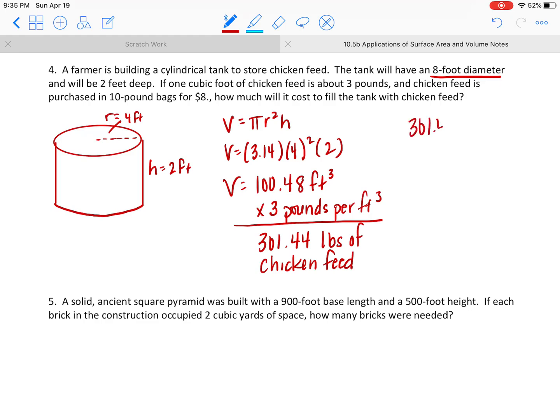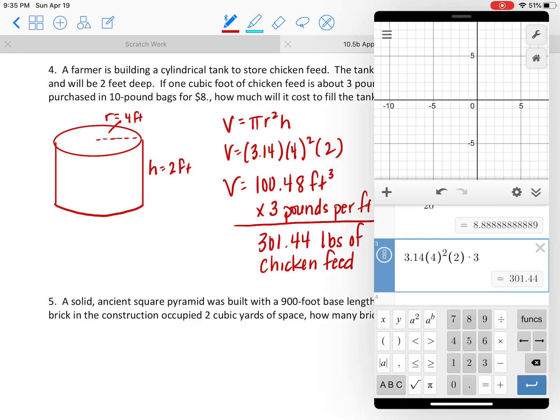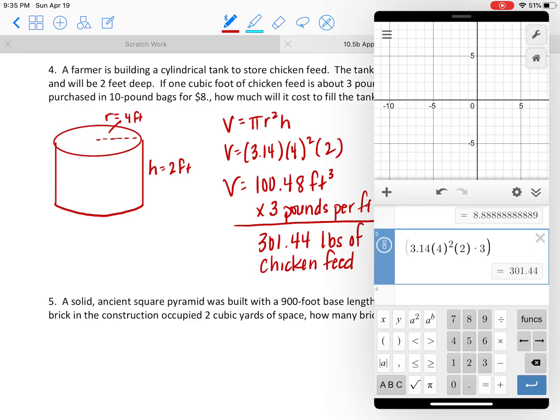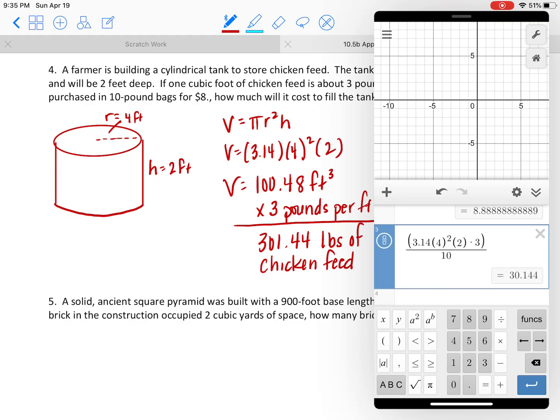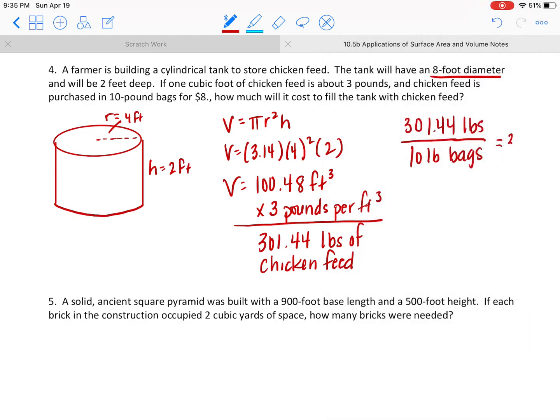Now, the chicken feed is sold in 10-pound bags, so how many are we going to be able to buy to fit in that tank? So if we take the 301.44 pounds and divide it by 10-pound bags, hopefully we knew that that was going to move the decimal.